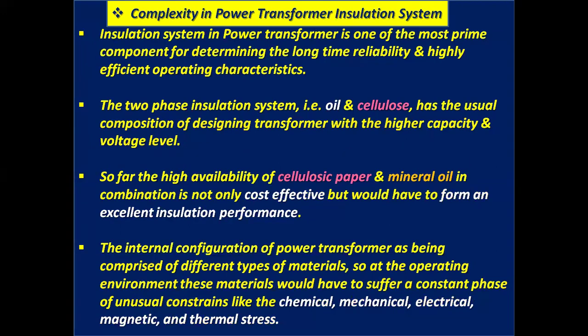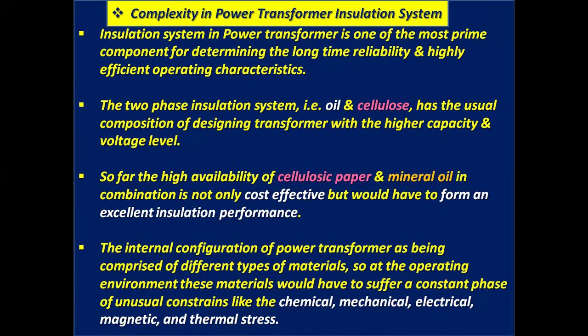The two-phase insulation system, that is oil and cellulose, is the usual composition for designing transformers with higher capacity and voltage level. The high availability of cellulosic paper and mineral oil in combination is not only cost effective, but also forms an excellent insulation performance.